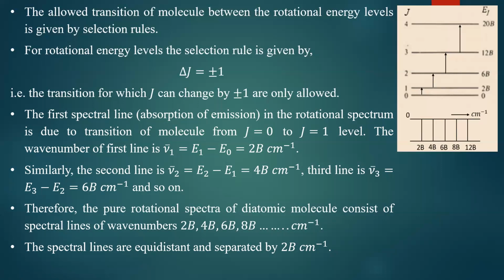If you know the distance between two lines, you can find the value of B. If you find the value of B, it is possible to find the moment of inertia, and finally you can find the bond length of the molecule. So this is the theory of the rotational spectrum and how the rotational spectrum can be expressed in accordance with the quantum mechanical theory.